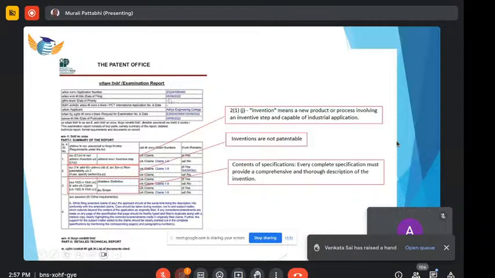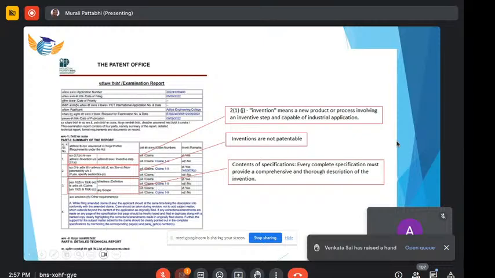Date of filing is September 5th, 2022, and we don't have a priority date, so the same will be the priority date. Because we are not from PCT, that number is not there. The applicant is Aditya, and the request for examination was done on the 9th of September itself. We requested examination, and on the 9th it actually got published as well.